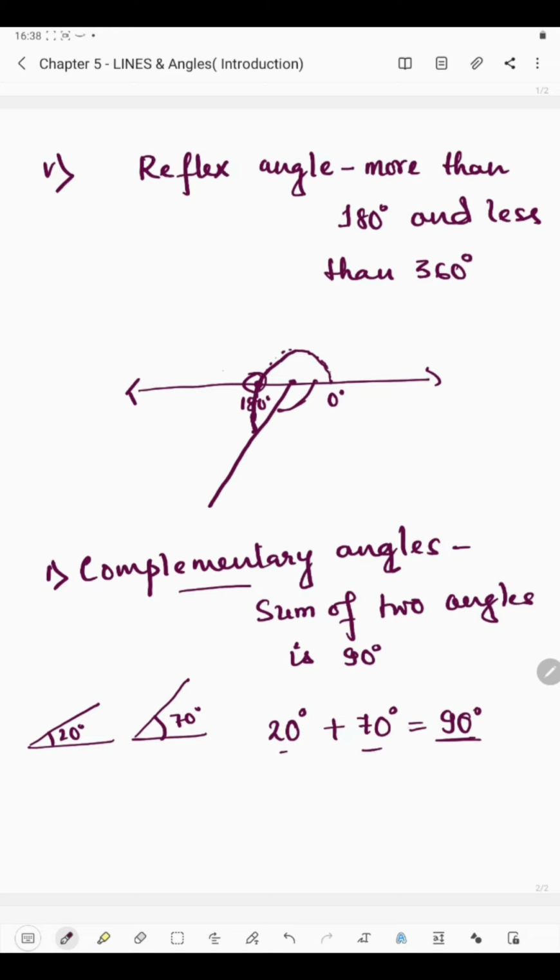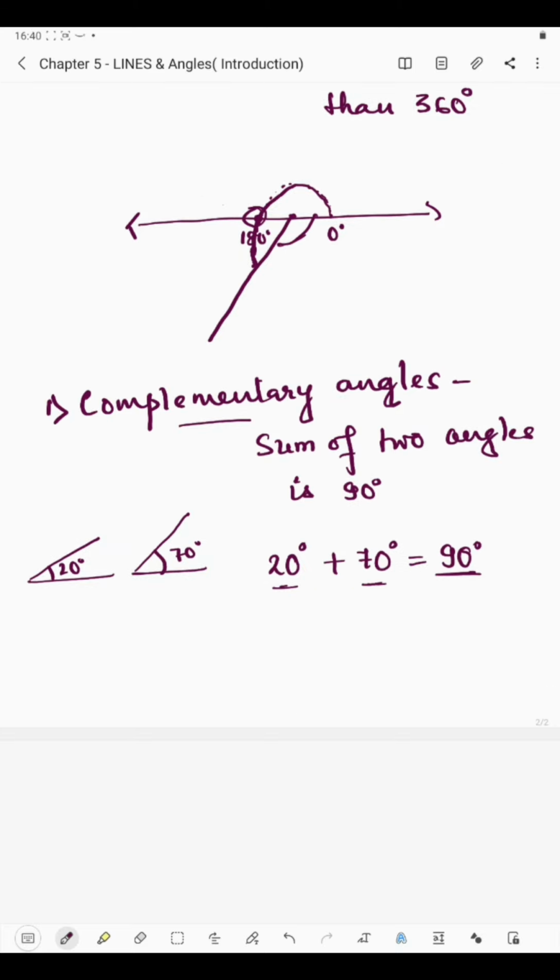So these two will make 90 degree. When the sum of two angles makes 90 degree, then these angles are known as complementary angles. Okay. Now suppose in the question one of the angles, 20 degree, is given, and you are asked to find the complementary angle. So how to find the complementary angle?